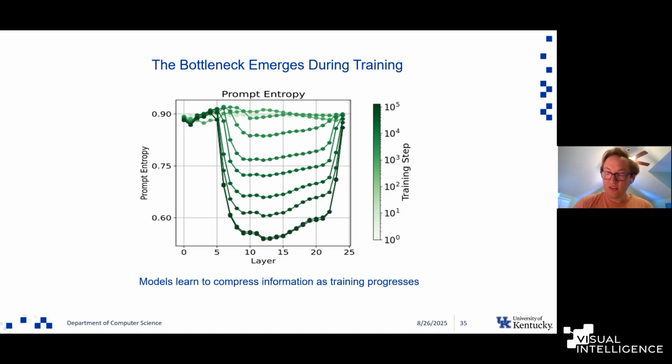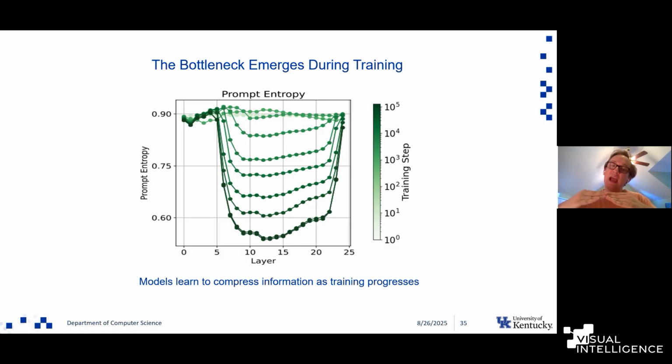It's trained for 143,000 steps, and every 1,000 steps there's a training checkpoint. So I have here about 10 training checkpoints, and at the very initial step, it's a very light line, so it's a bit hard to see, but it's around the 0.9 prompt entropy mark, and it's flat across all the layers.